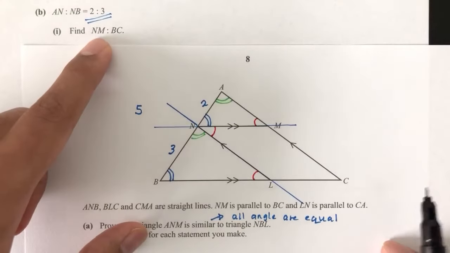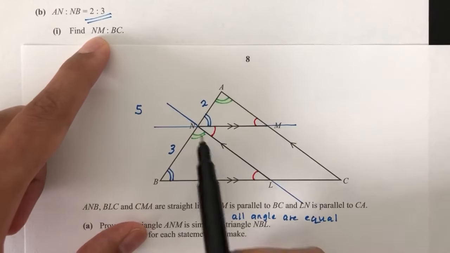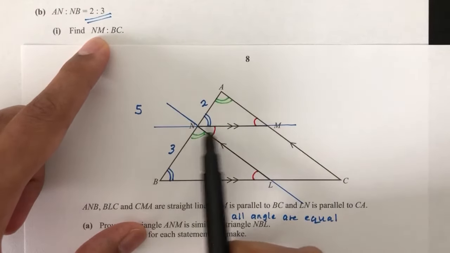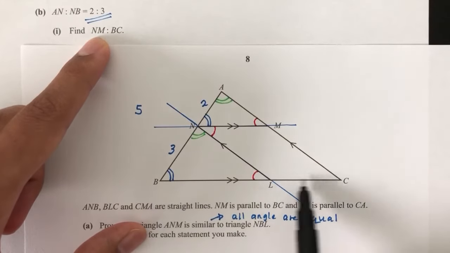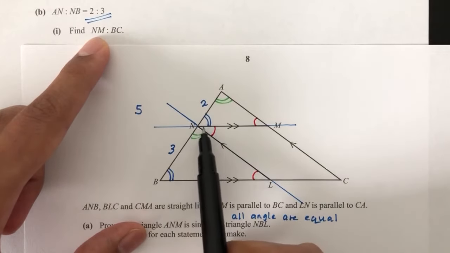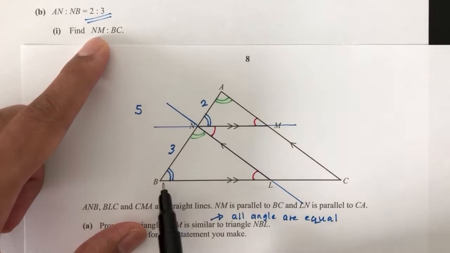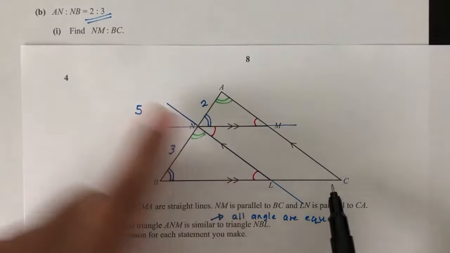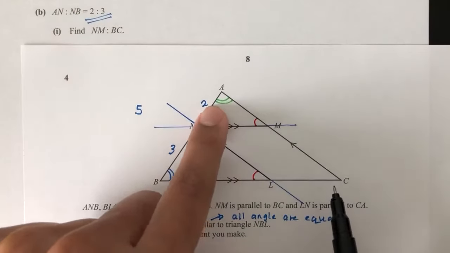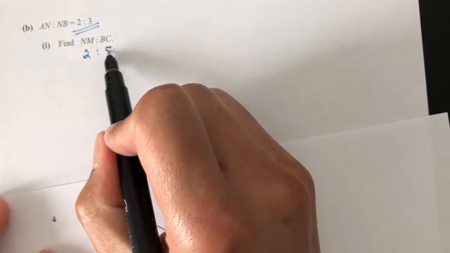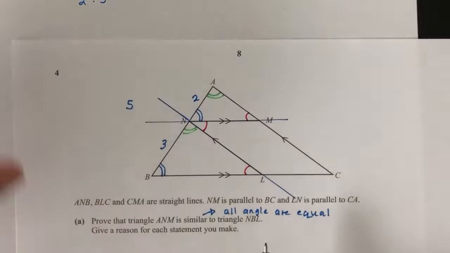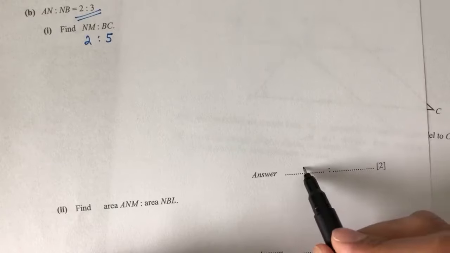Now we have to find the ratio of NM, this side, corresponding side NM, against BC. So basically, we have to find the ratio of this small triangle against this big one. So it will be the same as 2 to 5. So that will be your answer for part A. So 2 to 5.